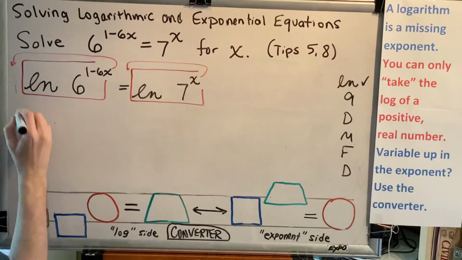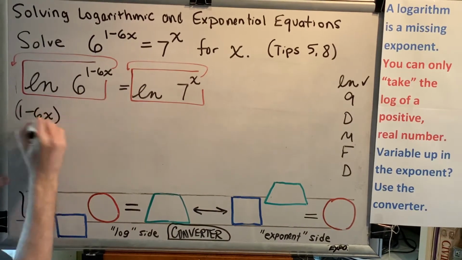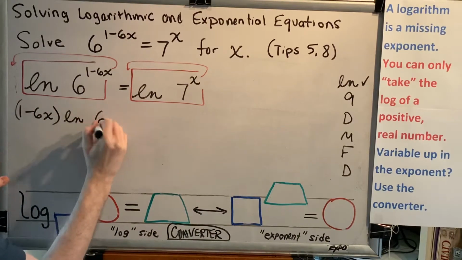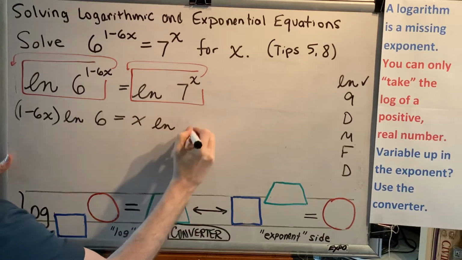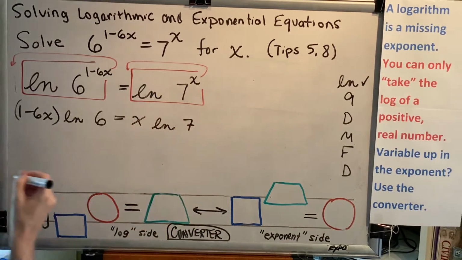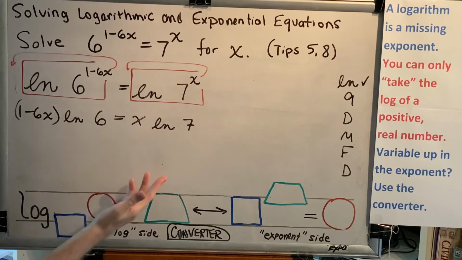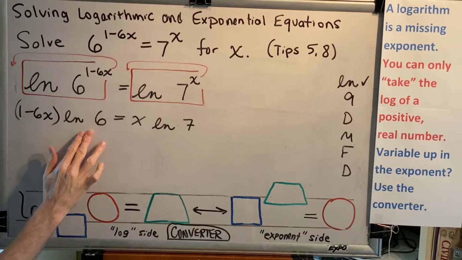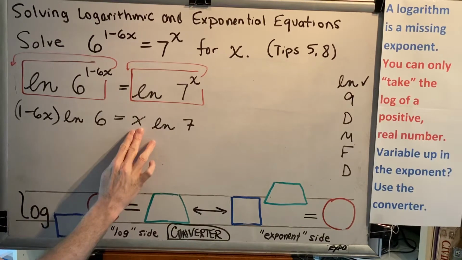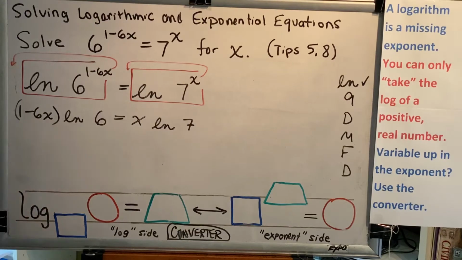So this will give us 1 minus 6x times the natural log of just 6 equals x times the natural log of just 7. Notice that I used parentheses on the left, but not on the right. Why? Because on the left, I have 2 terms that are multiplying by my log, and on the right, I only have 1. When there's more than one term, parentheses are necessary.